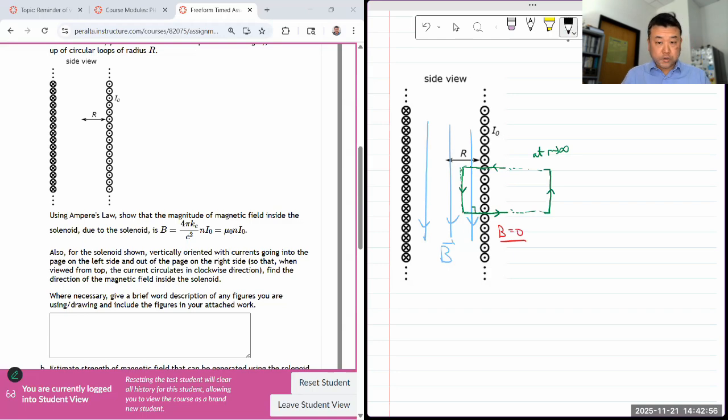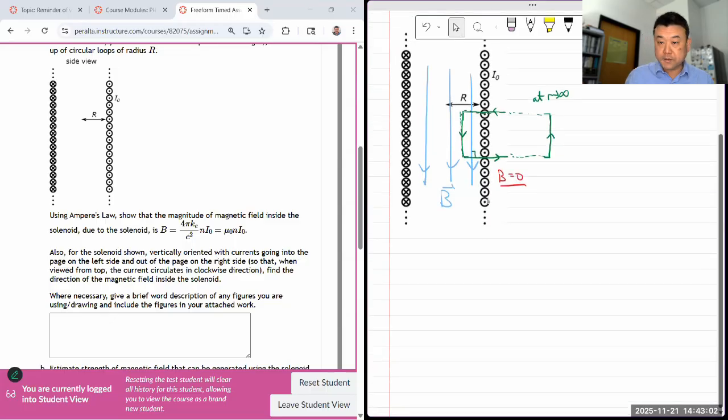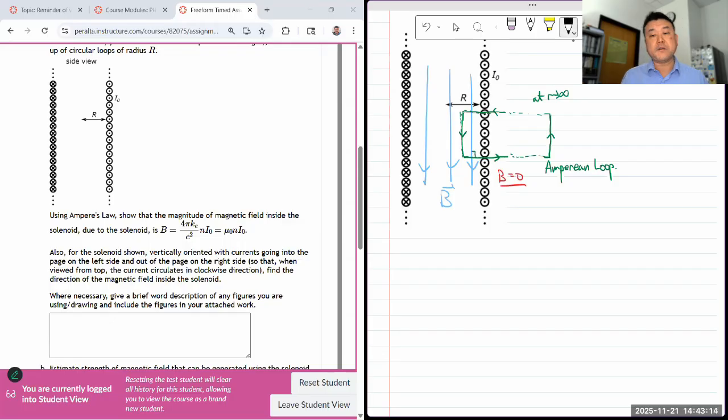So you need to have this picture in mind, with the direction of the magnetic field and your Amperian loop. Let me label this as my Amperian loop, the way I like spelling it. It's probably wrong, but I like this better. So I start out with a statement of Ampere's law.